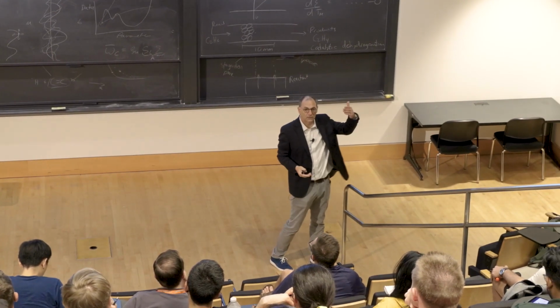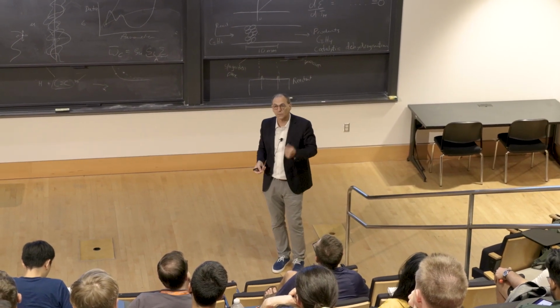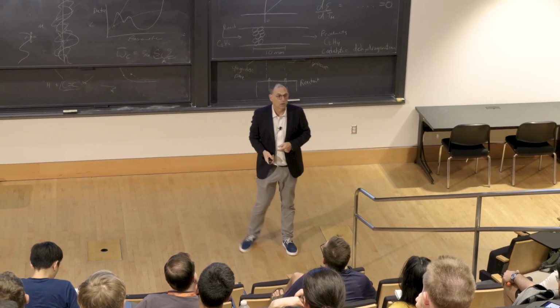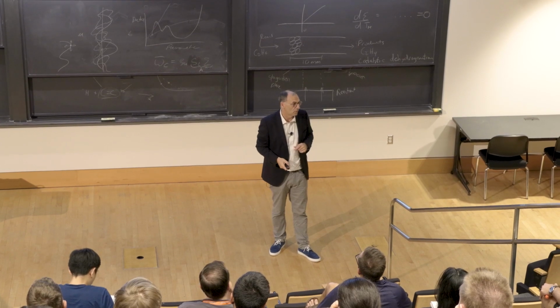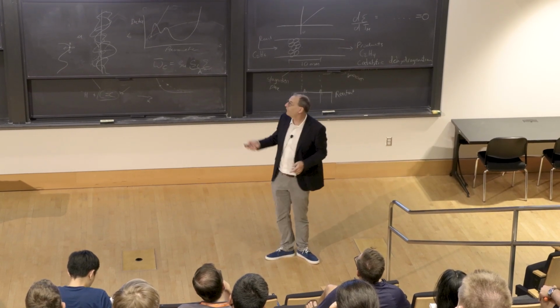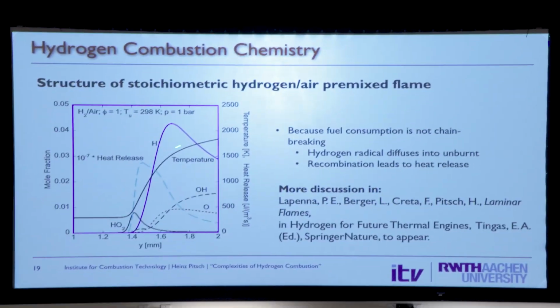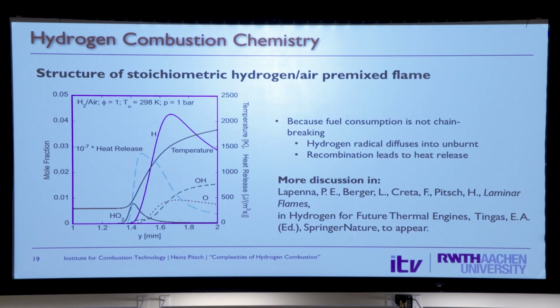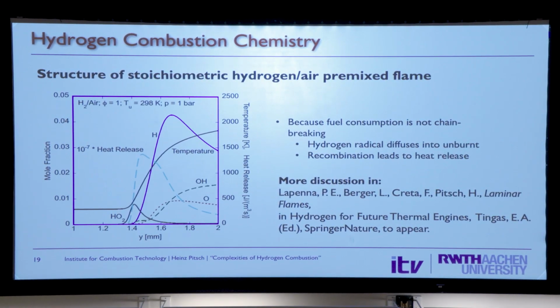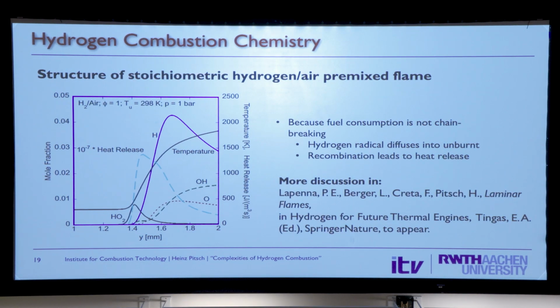The hydrogen radical diffuses very fast. It has a Lewis number of roughly 0.17, let's say 0.2, so it diffuses 5 times faster than the heat. It carries the energy of a radical with it and releases it as thermal energy. Very interesting.